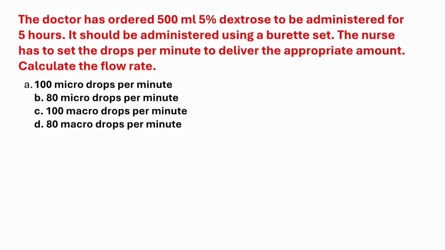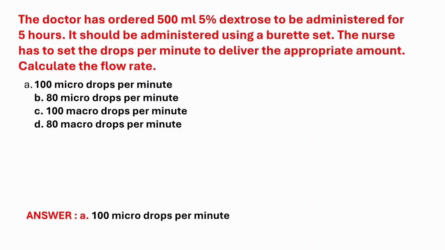The nurse has to set the drops per minute to deliver the appropriate amount. Calculate the flow rate. A. 100 microdrops per minute. B. 80 microdrops per minute. C. 100 macrodrops per minute. D. 80 macrodrops per minute. The correct answer is A.